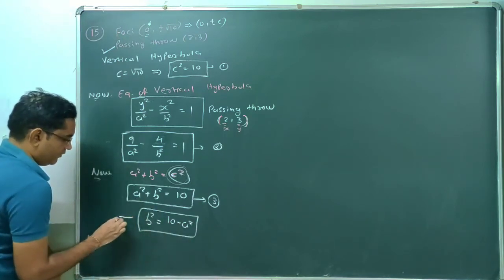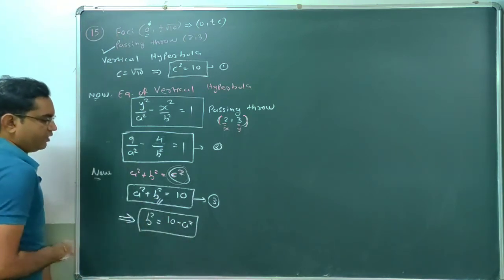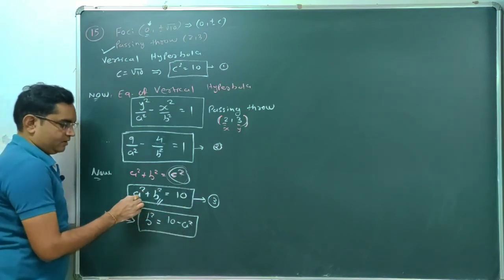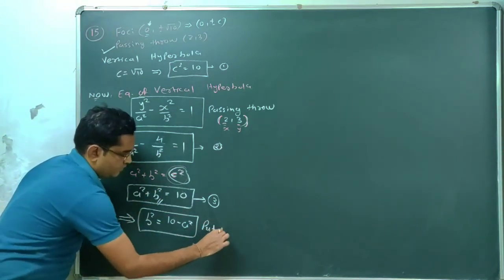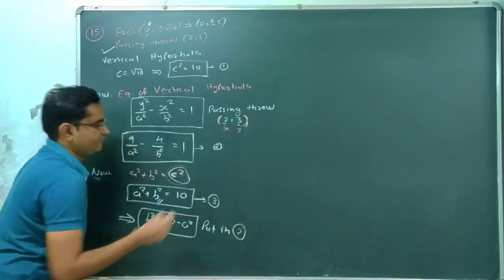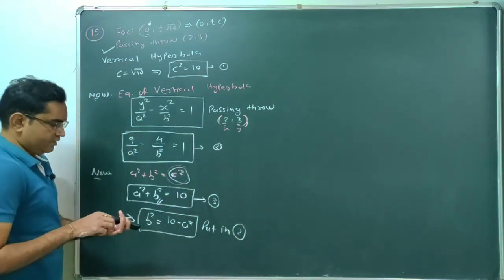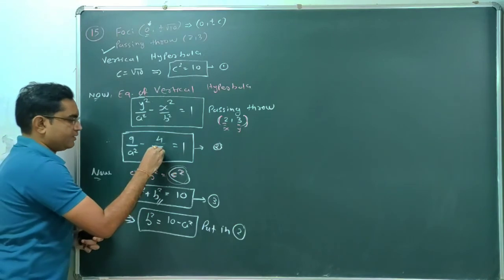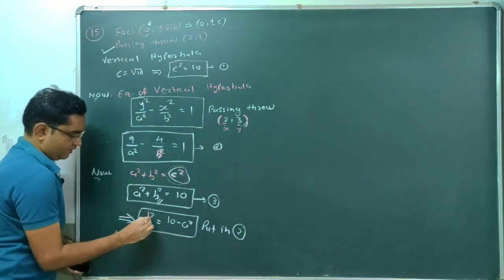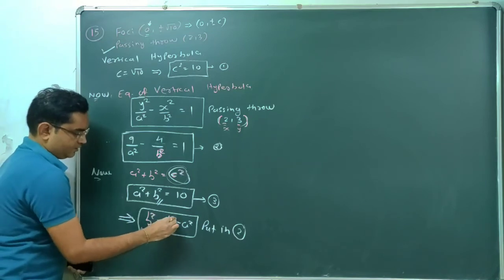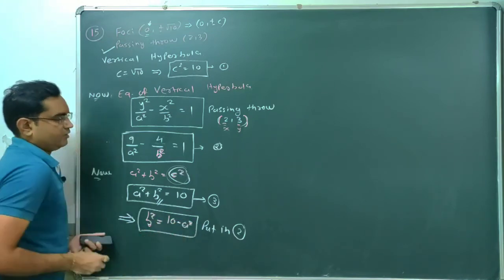From this formula we can write value of b square is nothing but 10 minus a square. Put this value in equation number 2. So here we are replacing the value of this b square with 10 minus a square. Done.